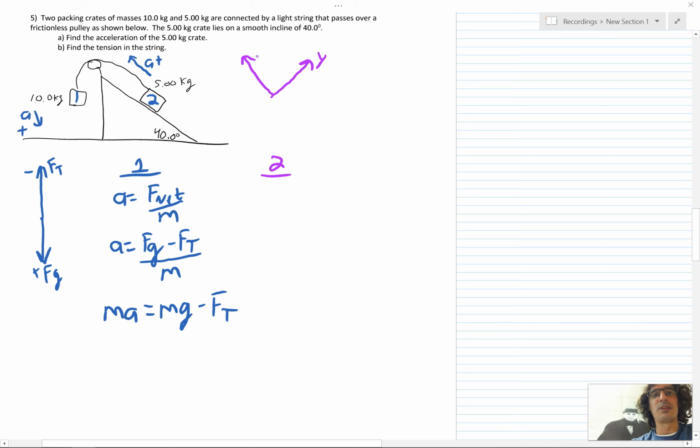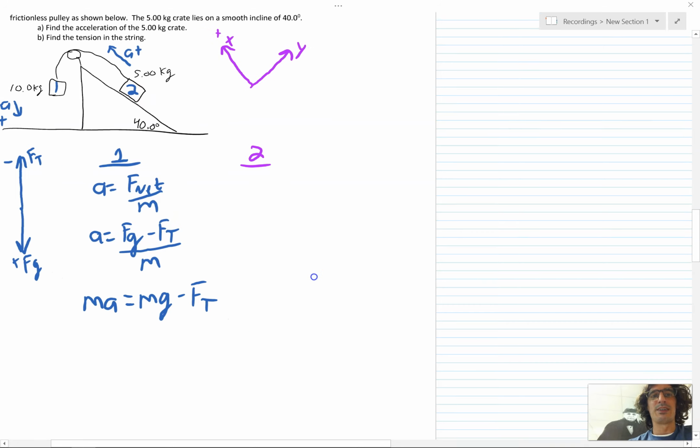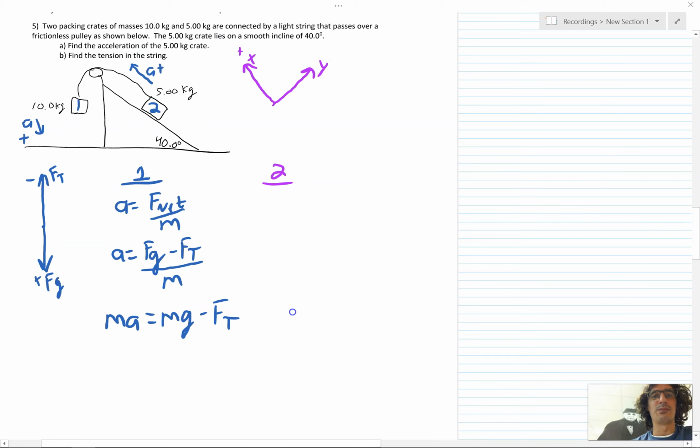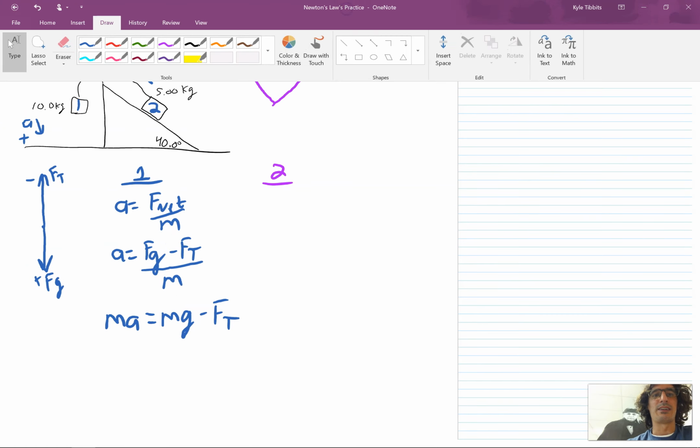In this case, it's going to go to the left because we said the left is positive. So all we did was rotate our coordinate plane to make y perpendicular and x parallel. Once we have that, we have to draw a free body diagram because there are multiple forces acting on object 2.